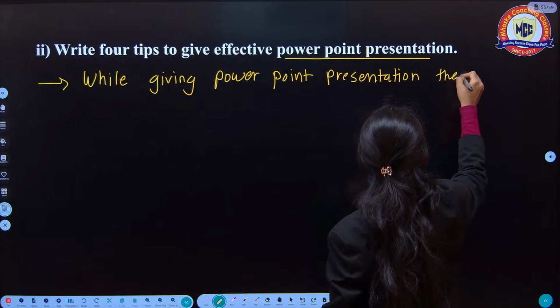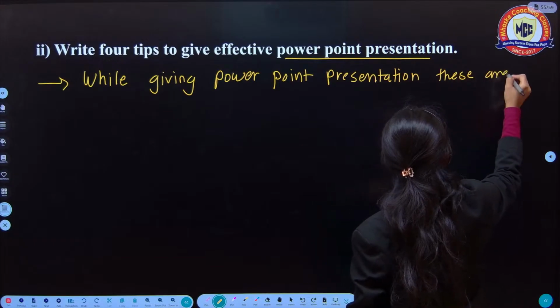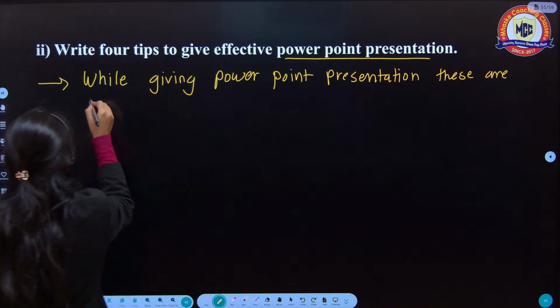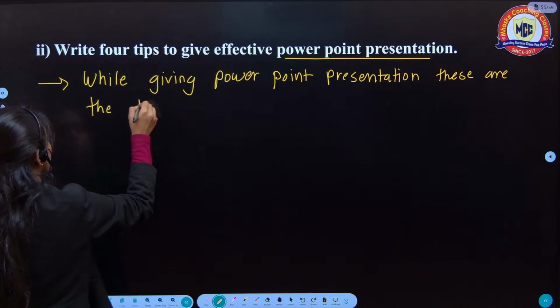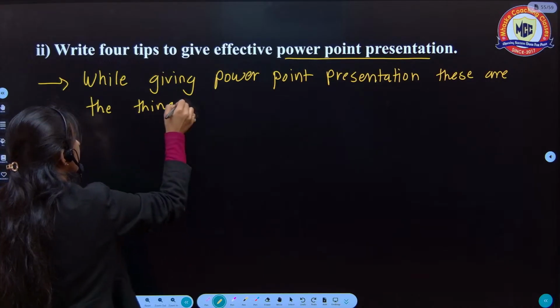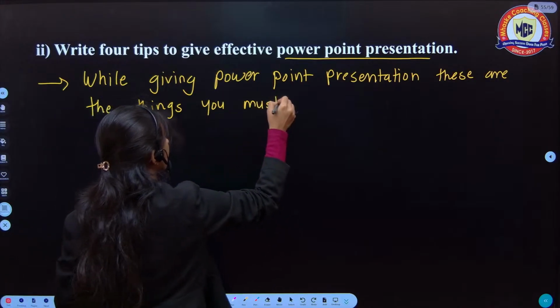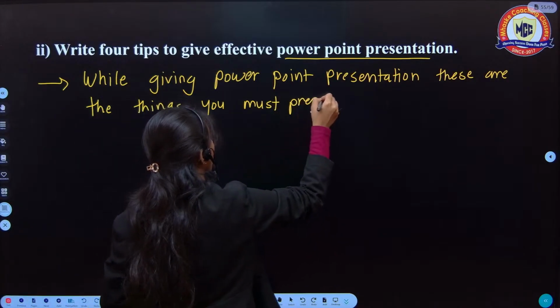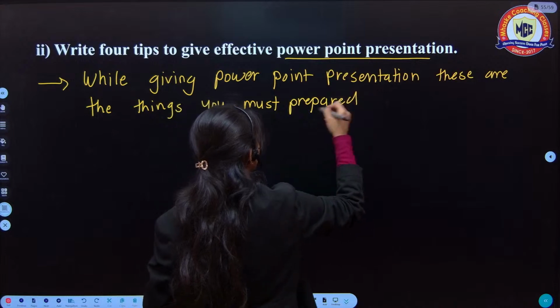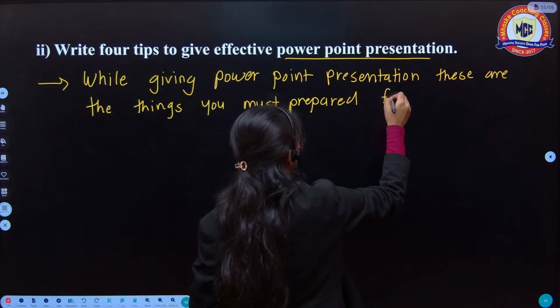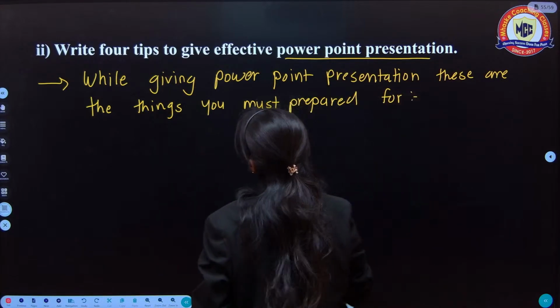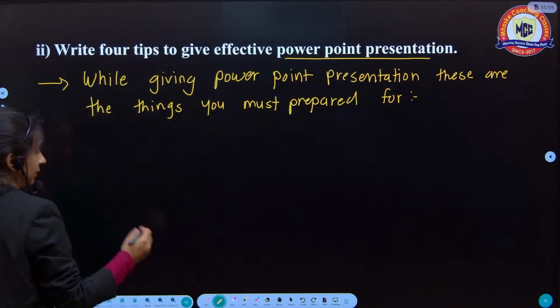These are the things you must be prepared for. So what are the things that you need to be prepared for? I'm writing it below in points. You can describe it.